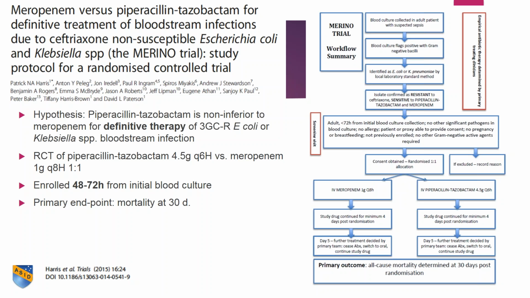So basically, we enrolled patients at 42 to 72 hours after they'd become sick, and we were interested in whether a particular choice, piperacillin tazobactam, was just as good as meropenem for that definitive antibiotic choice.